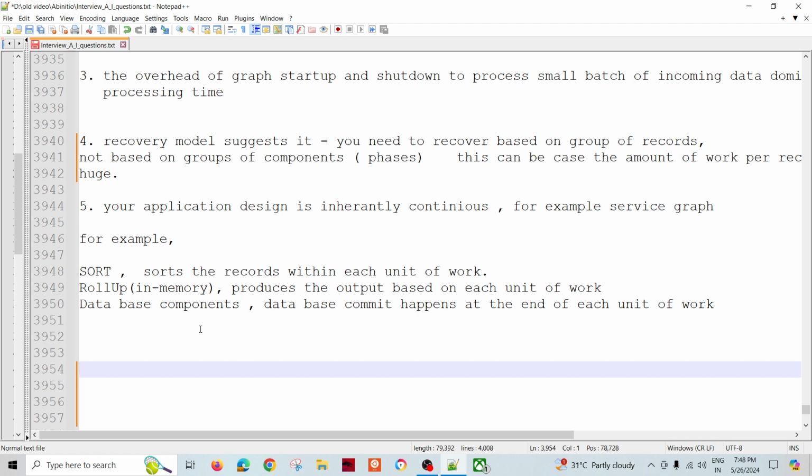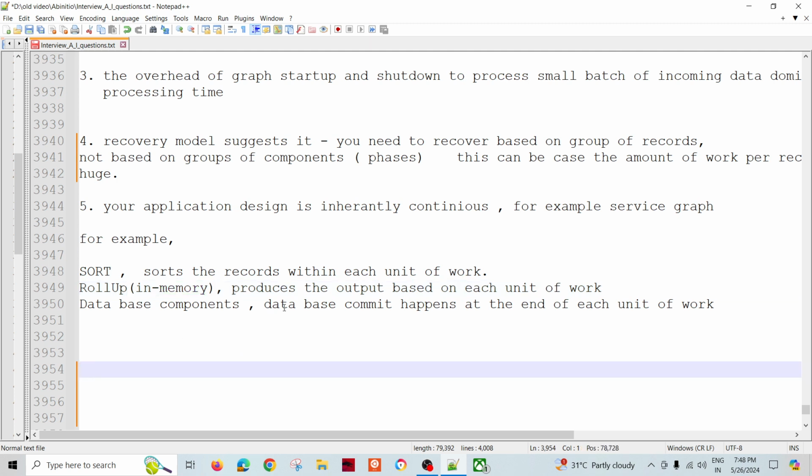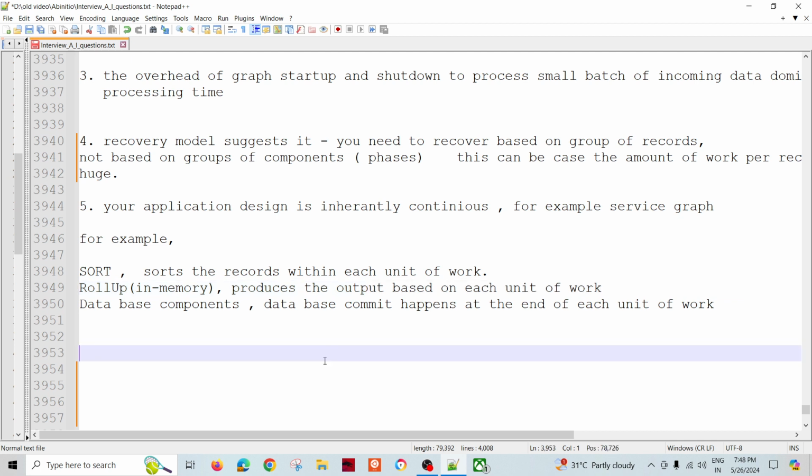And how does rollup behave in a continuous graph? If we talk about in-memory rollup, then it will produce the output based on each unit of work. Let's say we have 10 records in a particular group within a unit of work, so the grouping happens based on the unit of work, the number of records between checkpoints.